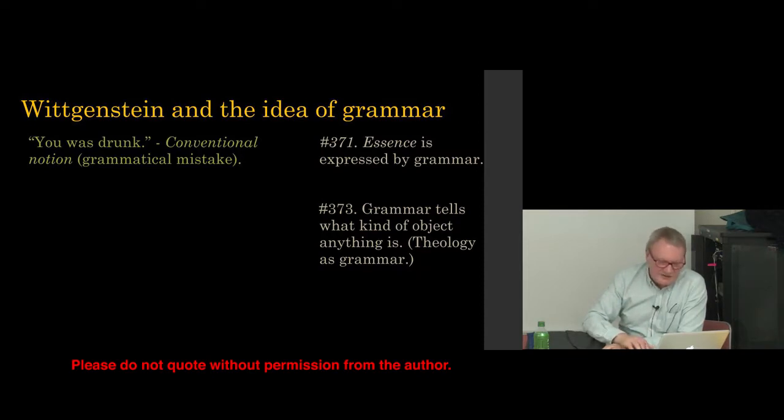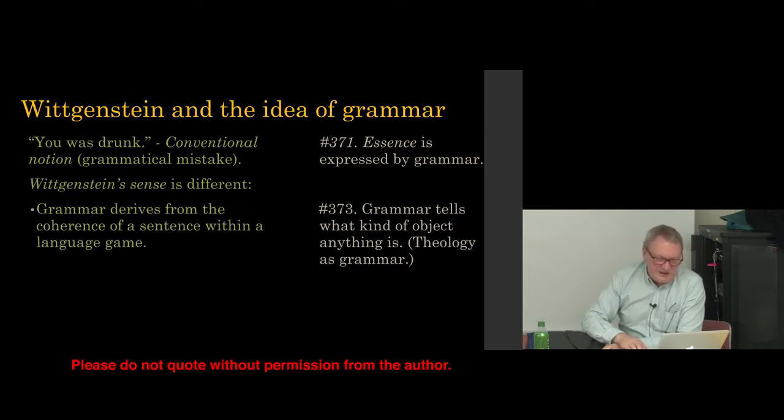He's got something different in mind, and it's different in the following ways. Grammar derives from the coherence of a sentence with a language game. So if a child grew up thinking a pencil was something you just threw at people, then there would be something wrong with their understanding of sentences, of pencils. Okay?